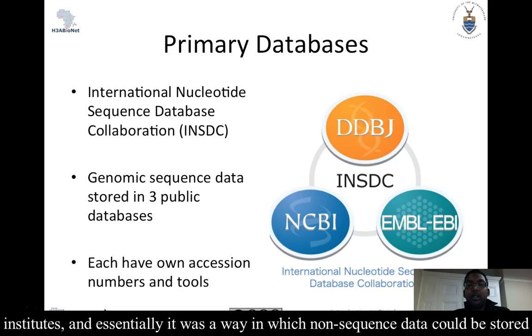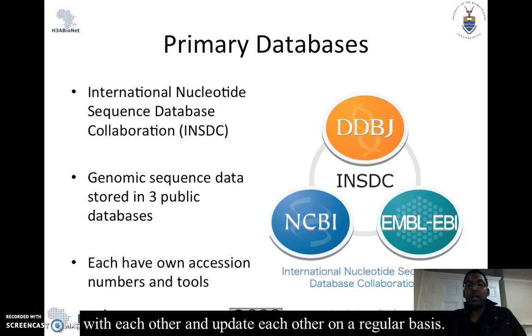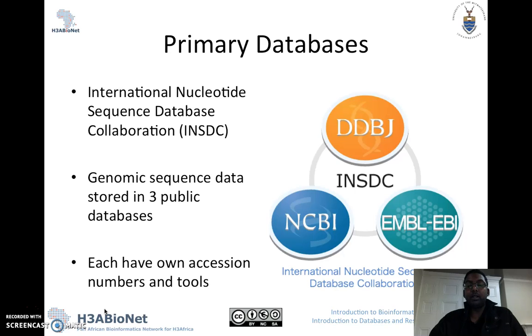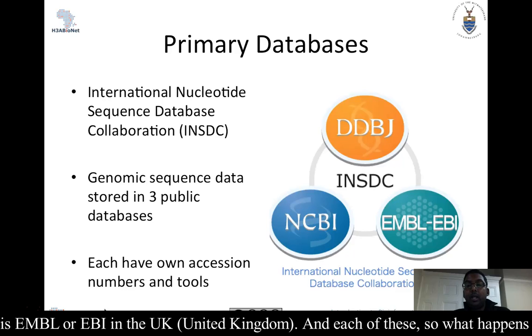And essentially it was a way in which genomic sequence data could be stored in 3 public databases. And these 3 public databases would then communicate with each other and update each other on a regular basis. So the first is DDBJ in Japan, the second is NCBI in the United States, and the third is EMBL or EBI in the UK.